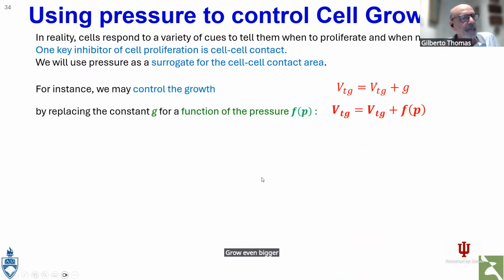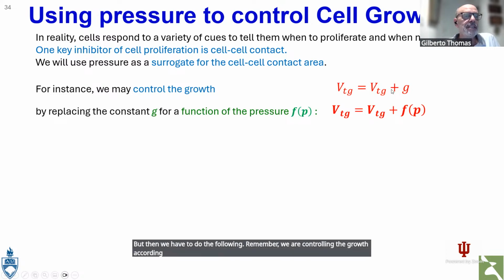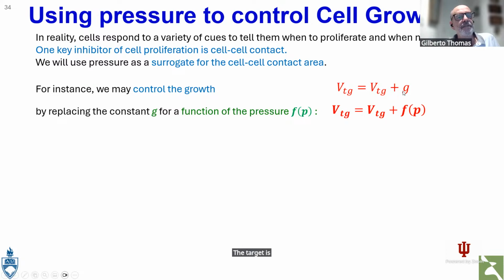But then we have to do the following. Remember, we are controlling the growth according to this function here. V target increases by a constant amount at each Monte Carlo step. Now we are going to replace this constant quantity G by a function of the pressure which the cell is suffering.